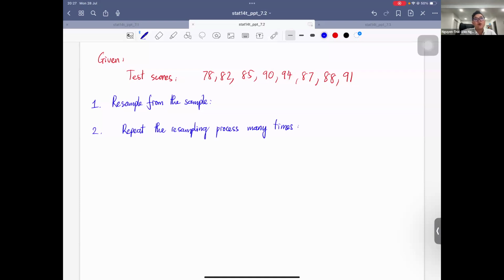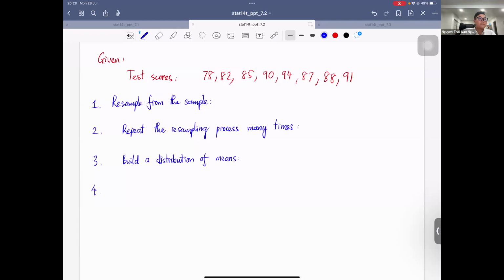For each sample, we calculate the mean, okay? And then the third step, we build a distribution of means. This is called the bootstrap distribution.